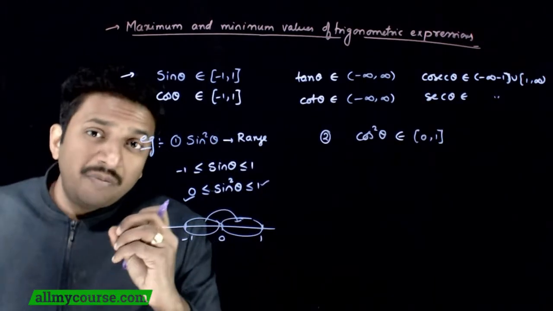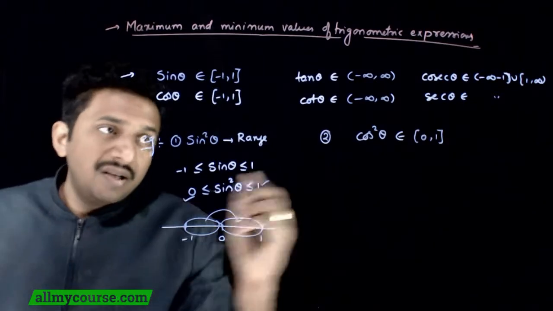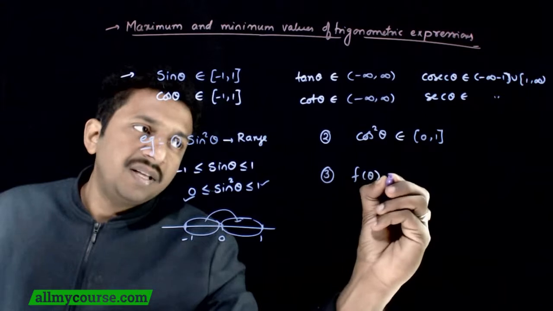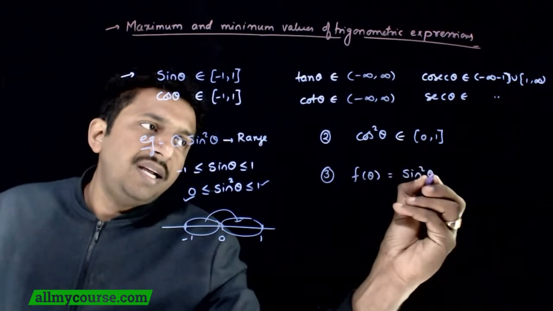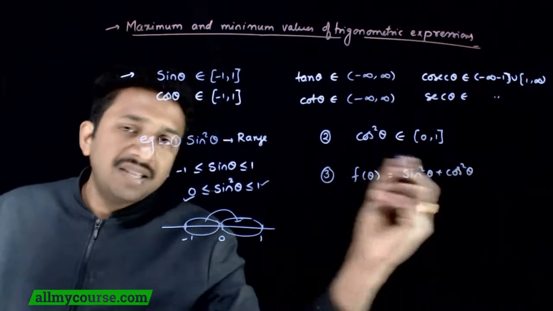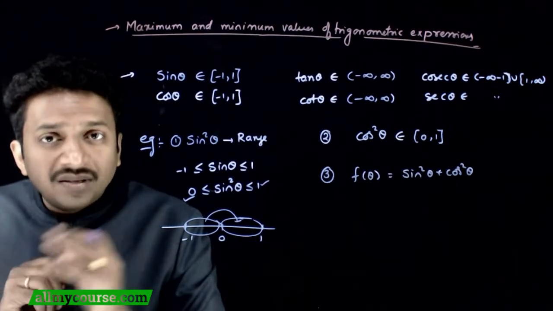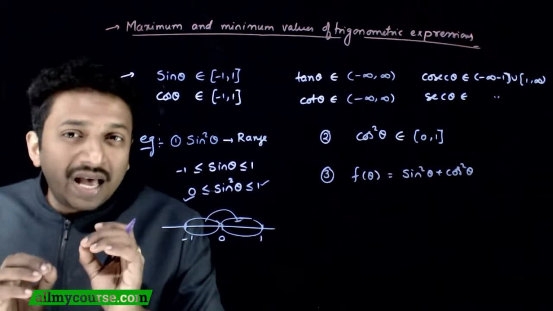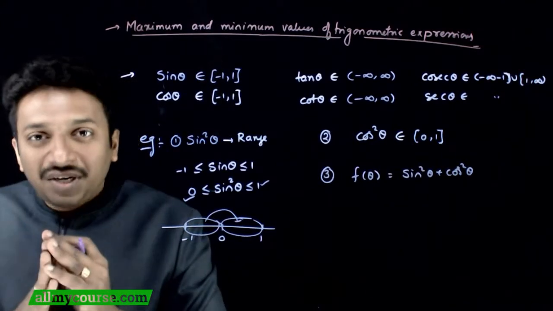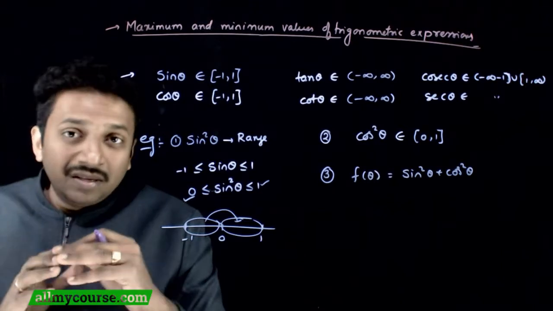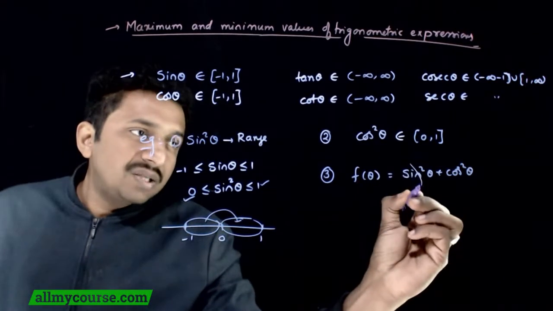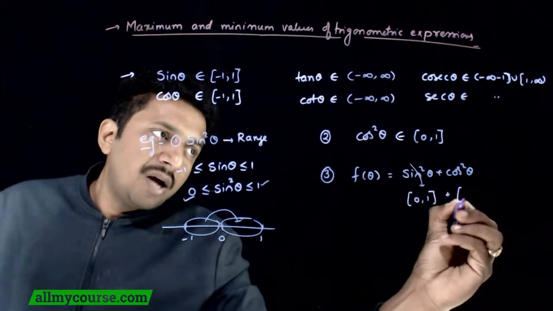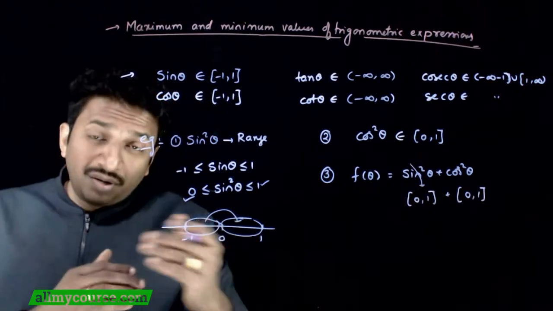Now if you have some complicated expressions of sine and cos, for example, if I give you f of theta is equal to sine square theta plus cos square theta, this is a very easy example, but let us try to see this. What you tend to do is sine square theta belongs to 0 to 1 and cos square theta also belongs to 0 to 1.